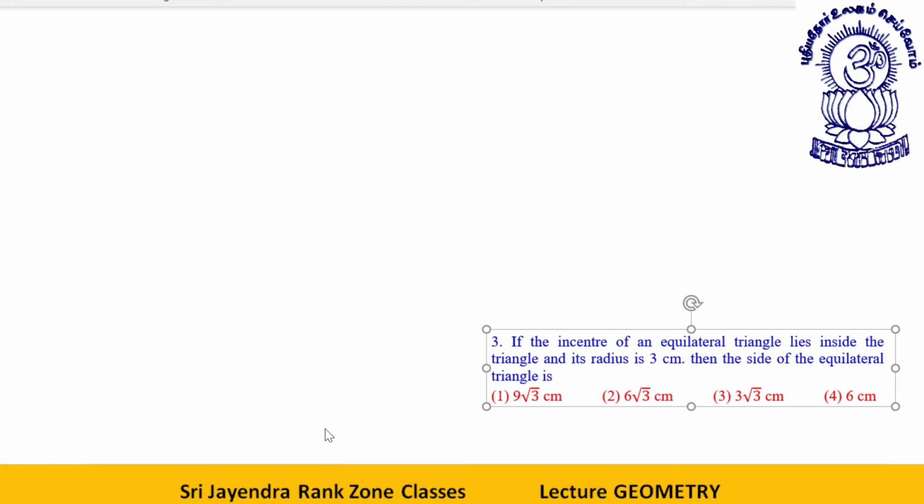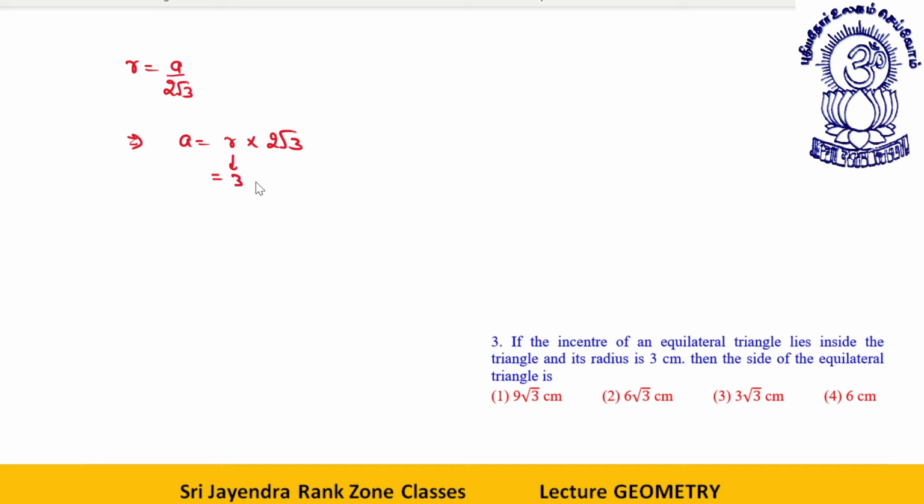What do we know? r is equal to A by 2 root 3. This implies A is equal to r into 2 root 3. What is the value of r? r is 3. So I do 3 into 2 root 3, that is 6 root 3, is your answer. Okay, dear students.